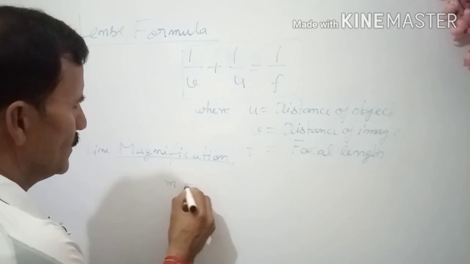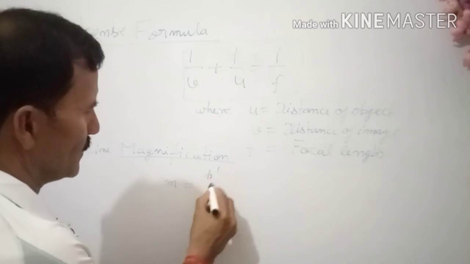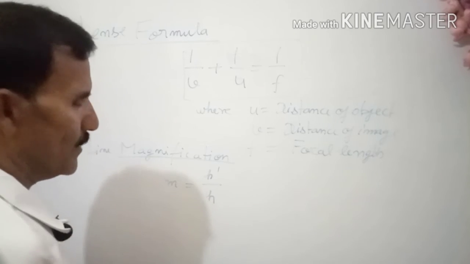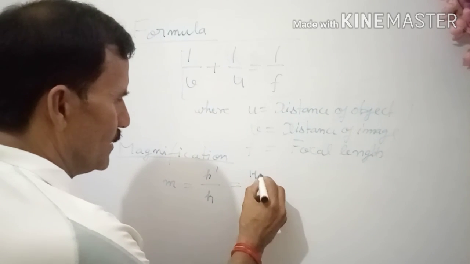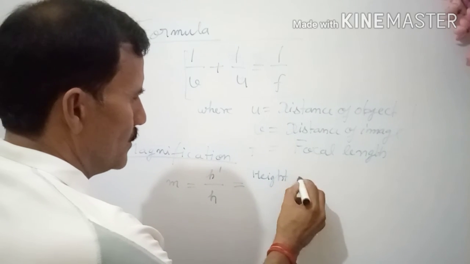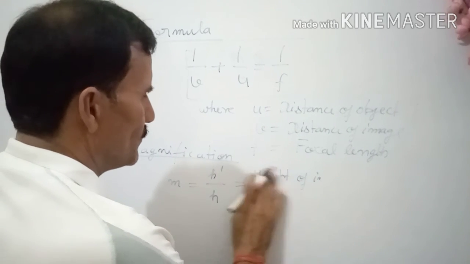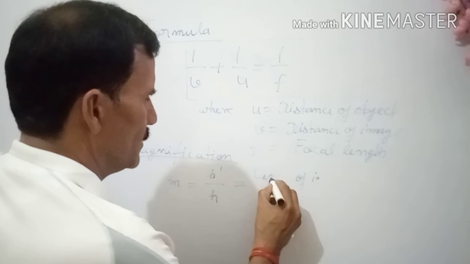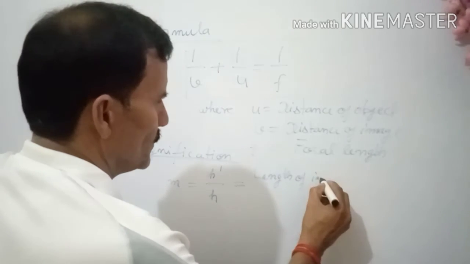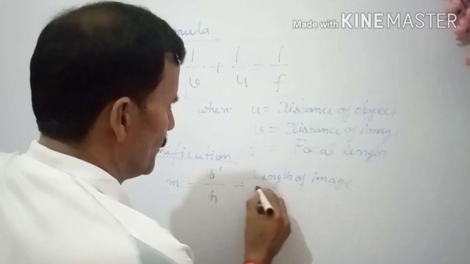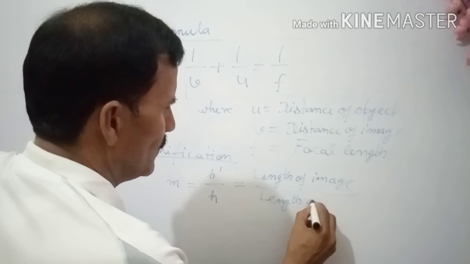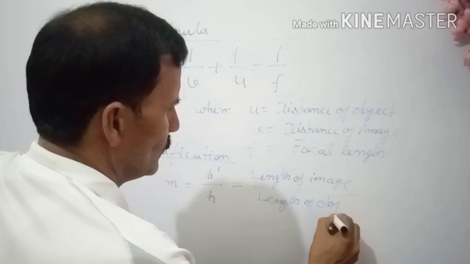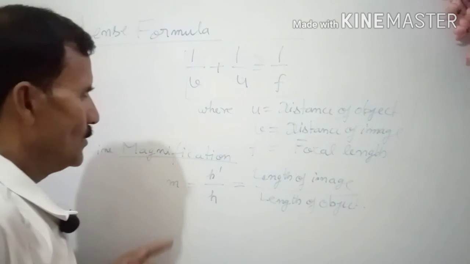So here it means height of image h dash upon height of the object, better to say length of image upon length of the object.